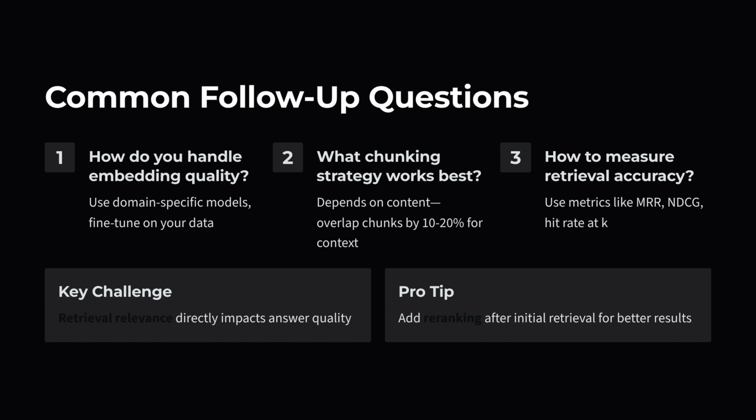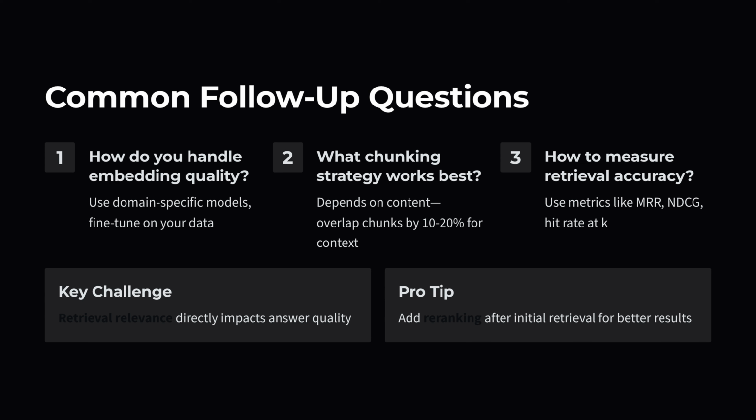Common follow-up questions. You'll often get thoughtful follow-ups during interviews, so let's prepare for them naturally. When someone asks how to ensure embedding quality, a strong answer is to use domain-specific embedding models or fine-tune embeddings on your own dataset so they match your real-world vocabulary.